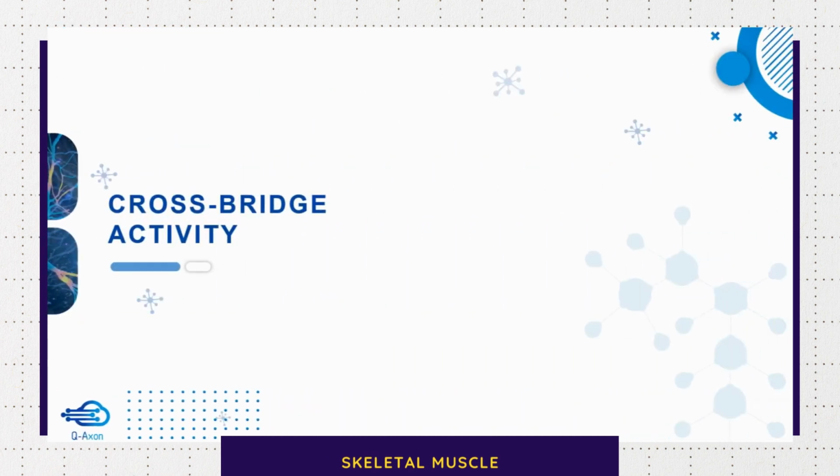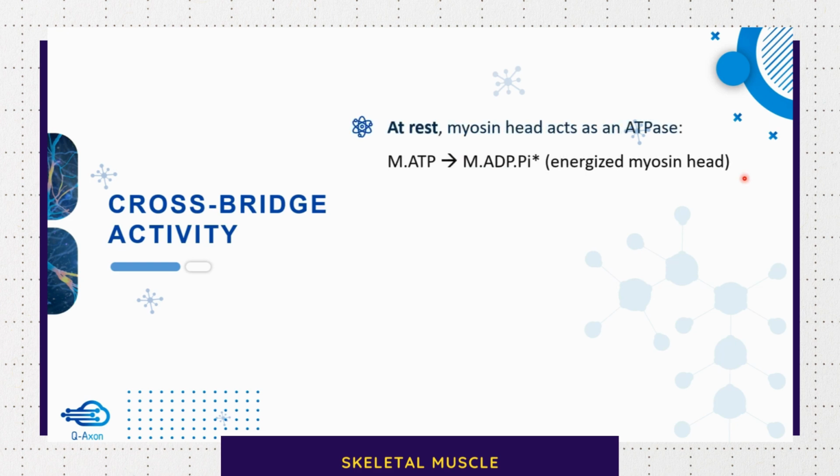Now that actin can bind to myosin, there is muscle contraction, which at the molecular level is referred to as cross-bridge activity. So what does this cross-bridge activity involve? Now at rest, we know that the myosin head has two binding sites, one for actin, which is free, and the other to bind ATP.